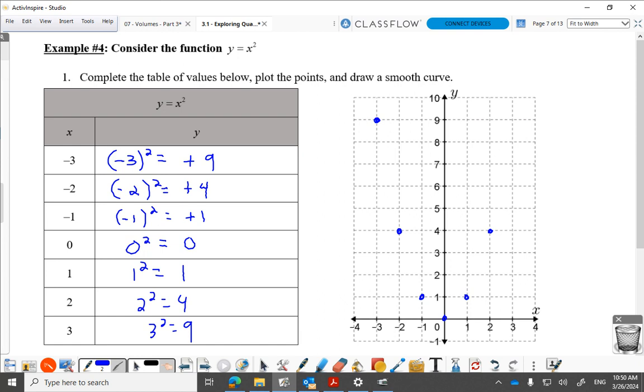The left side looks just like the right side. Now, notice it's not straight lines, it's curving. Oh, and hopefully you did better than me. My pen on the screen here is jumping all over the place.